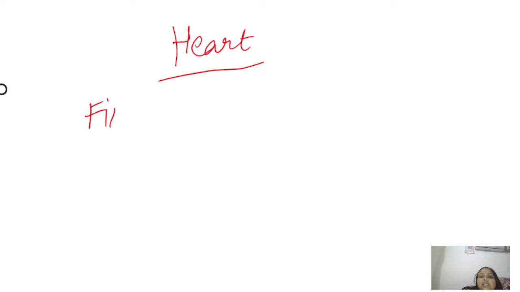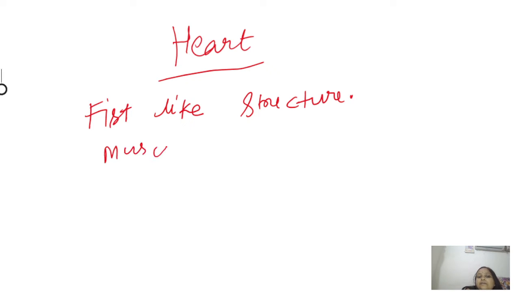One important muscular organ is the heart. Okay, so the heart is a fist-like structure, a muscular organ.